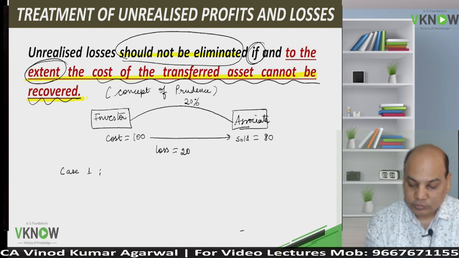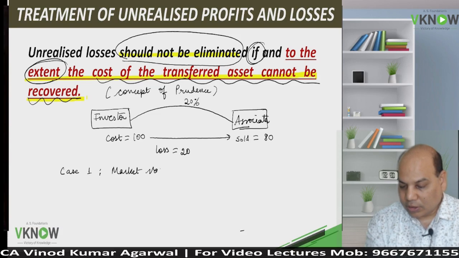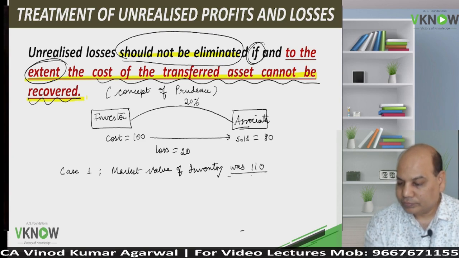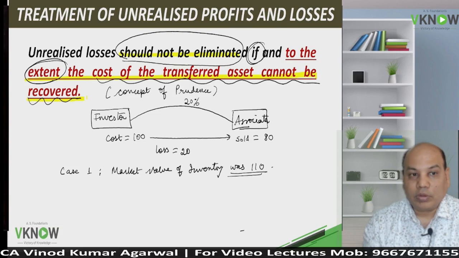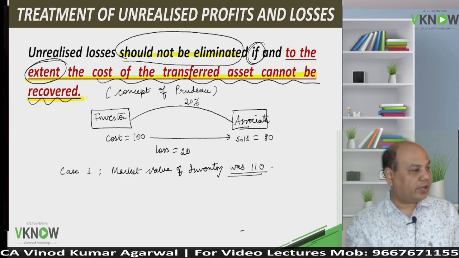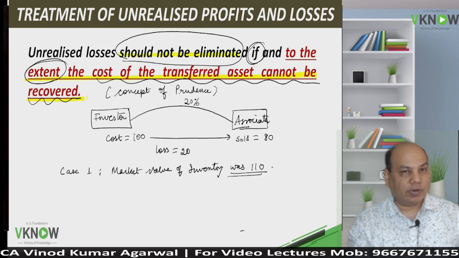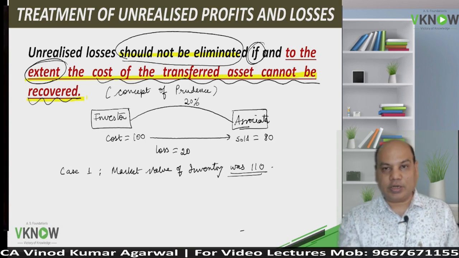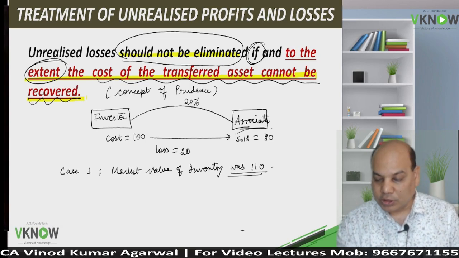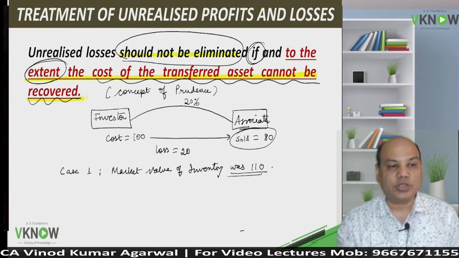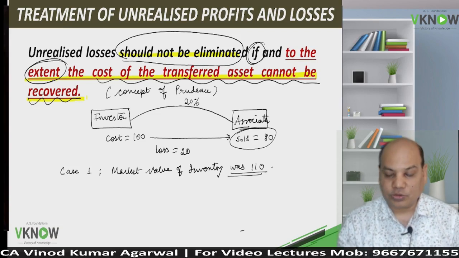Case 1 is the market value of inventory was 110. Market value of the inventory was 110, but you have sold it to your associate company for 80 rupees only.